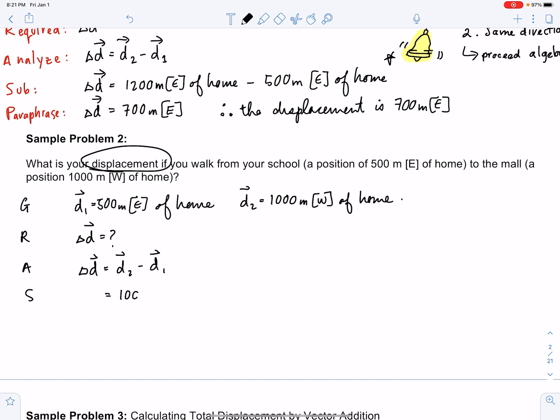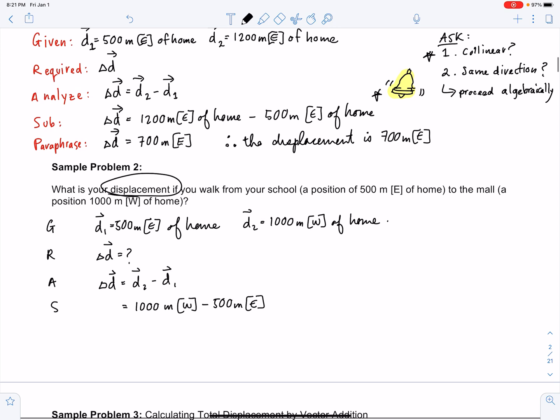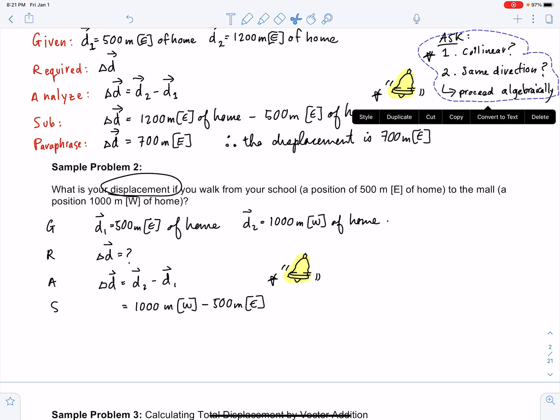That's 1,000 meters west minus 500 meters east. Okay, folks, an alarm bell should go off. Hopefully, this equation triggers you to ask yourself the same two questions. First question, are these quantities collinear?